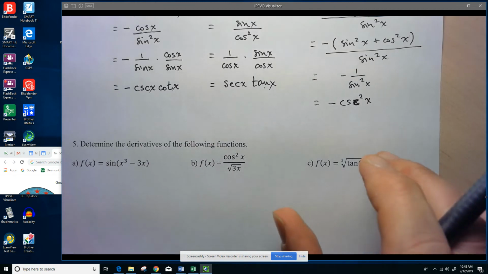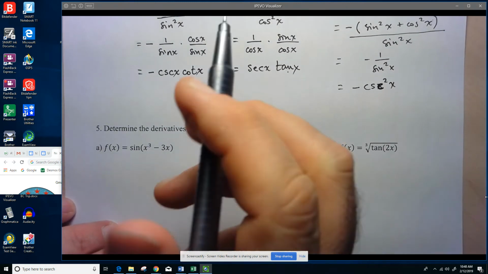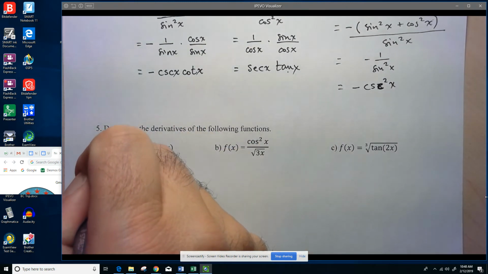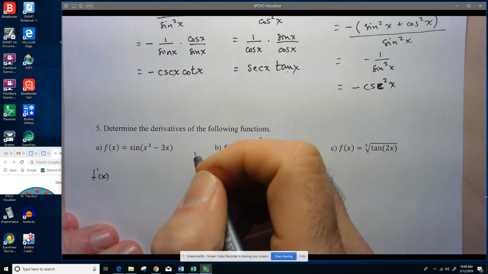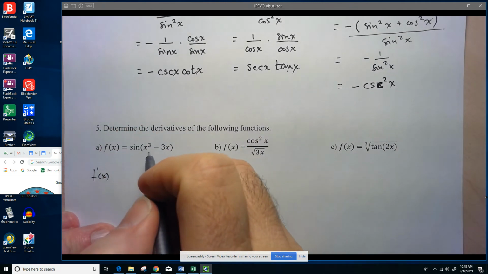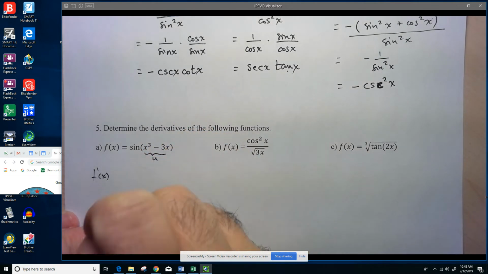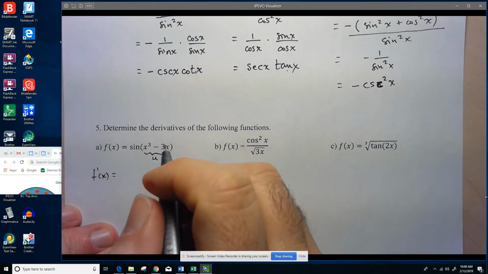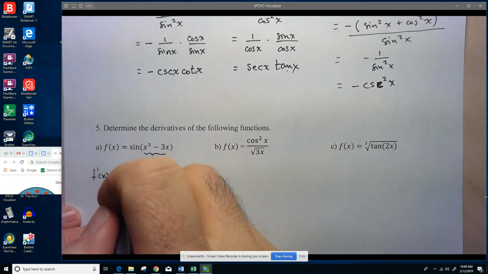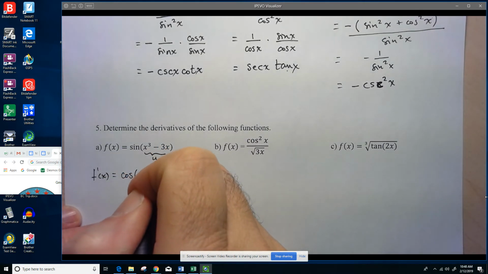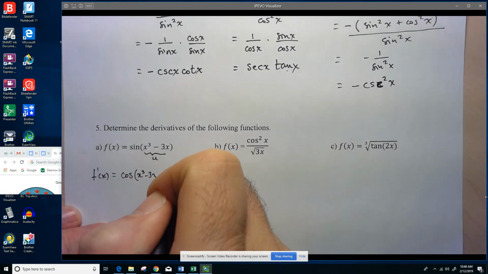Okay, so we're back. Hopefully you gave these a try. So let's see what happens here. If I want to find f prime of x, here I see that I have a sine, but of a more complex input. So this is going to be my u. First, the derivative of sine u is going to be cos u, so cos of x cubed minus 3x.